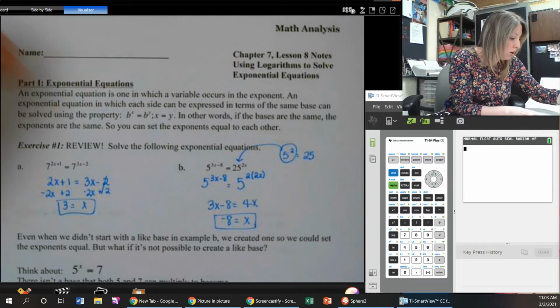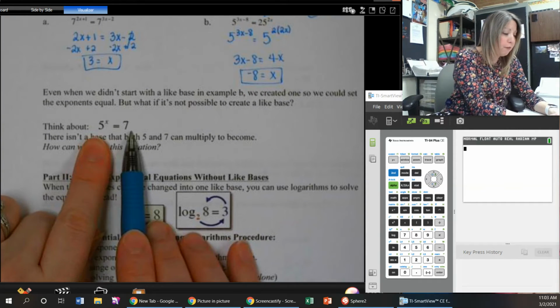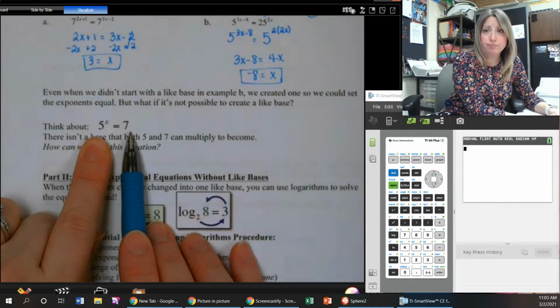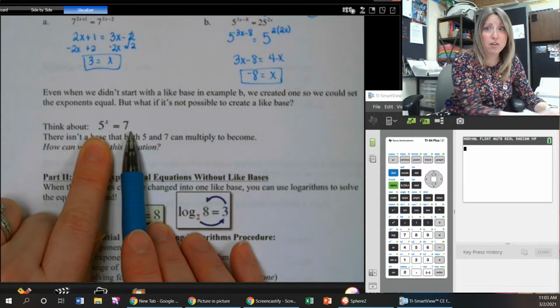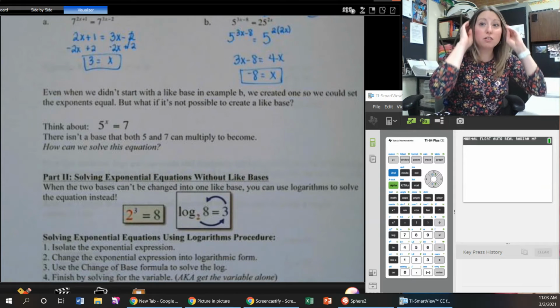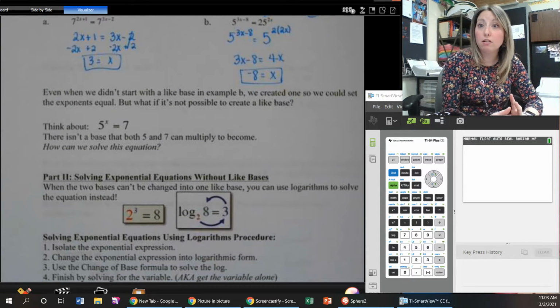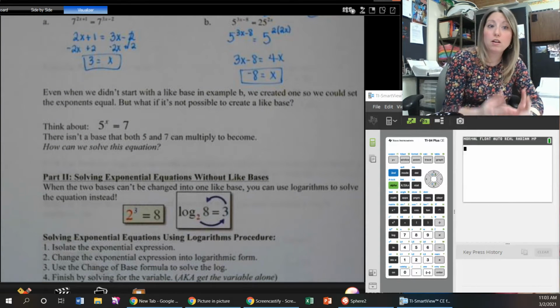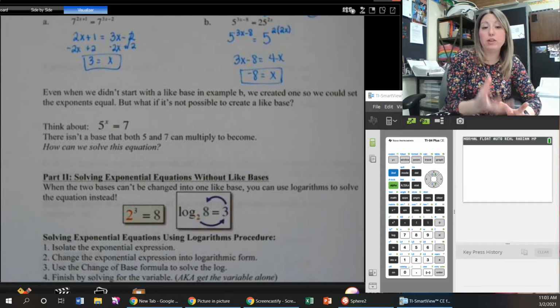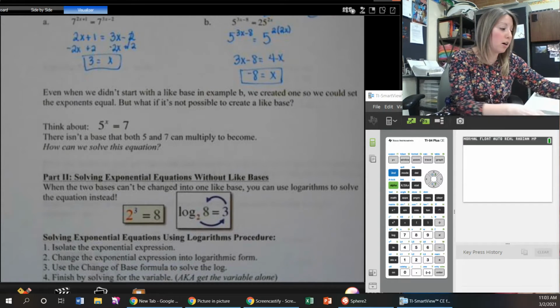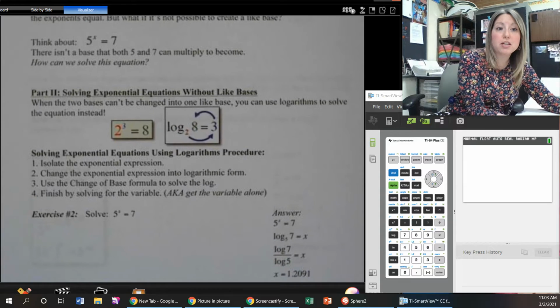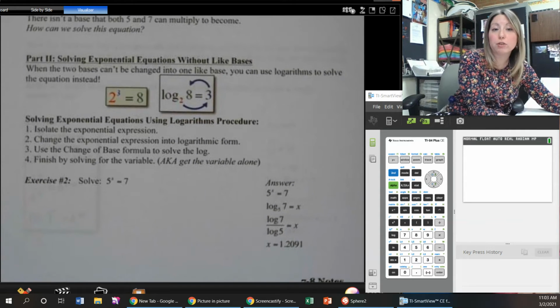Well, now, what if we have 5 to the x power equals 7? I'm not thinking of any integers that both of those could be for the same base. So when that's the case, remember that exponents can be converted into logarithmic form.